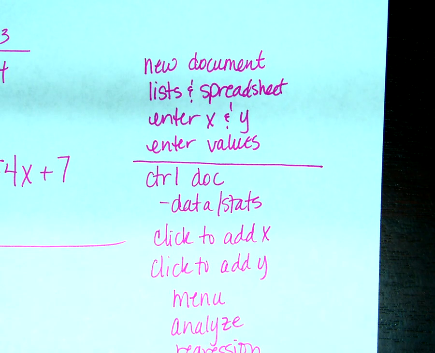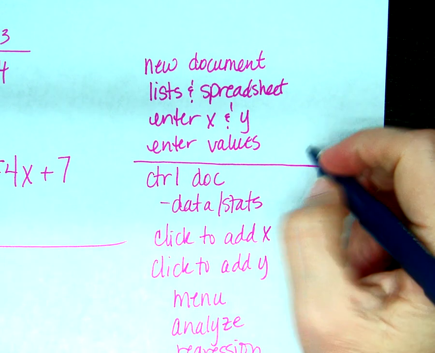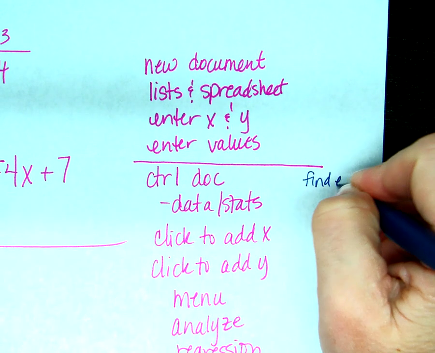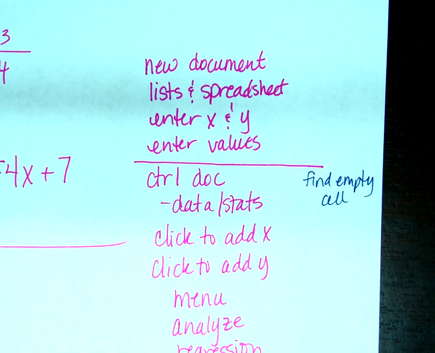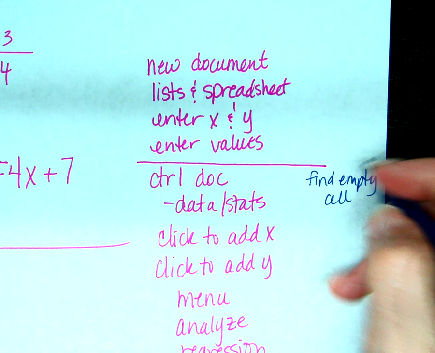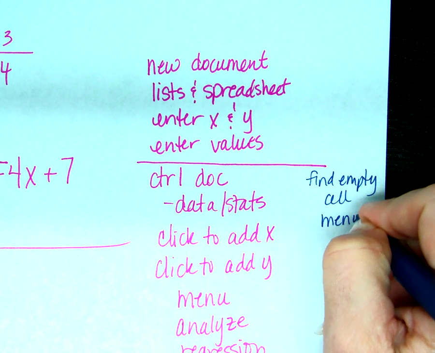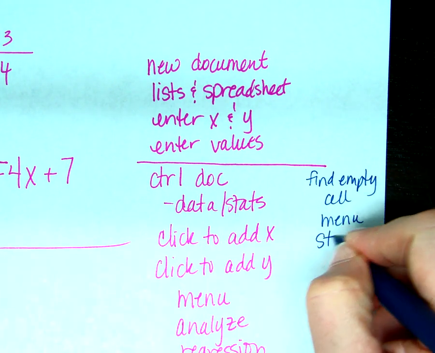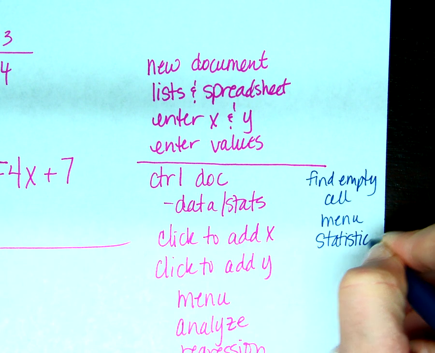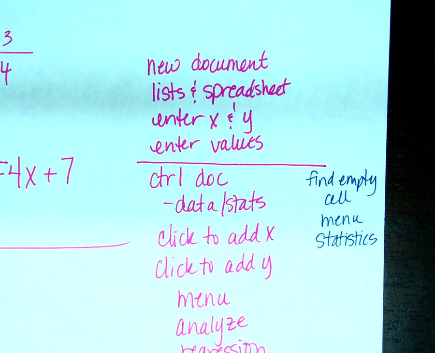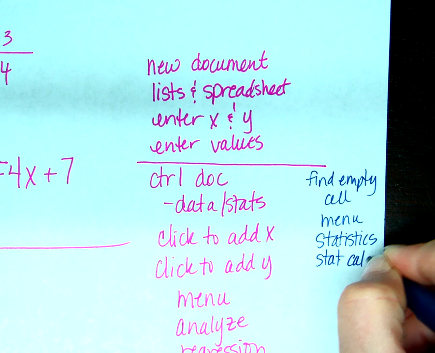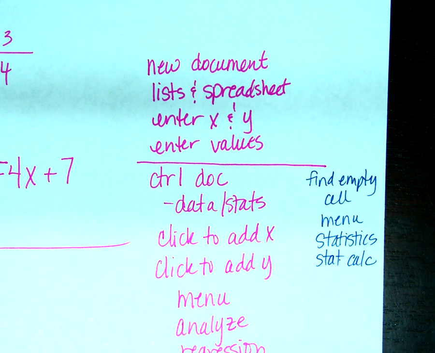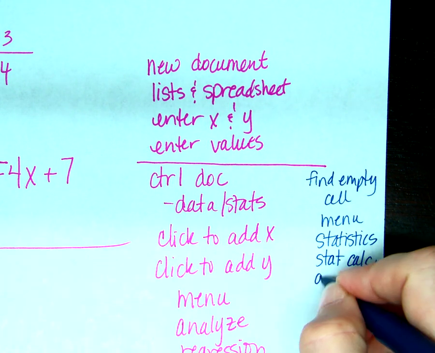If I was doing it from this first page, I would find an empty cell, and I would hit menu, statistics, stat calculation, and then quadratic regression.